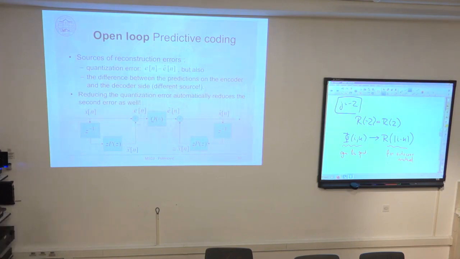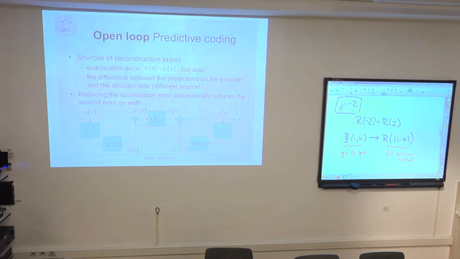But another problem of open loop linear predictive quantization is that I have the difference between these two. This x hat on the decoder side is only approximately equal to x hat on the encoder side. And the total error between x and x hat is this difference, but also plus this difference.